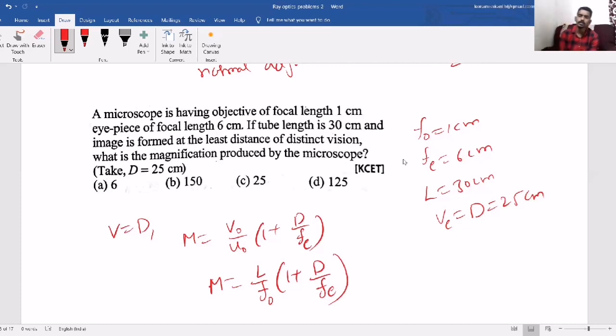In terms of the length of the tube, we approximate V naught as approximately L. L, F naught, D and Fe values are all given. You just have to substitute carefully and calculate carefully.